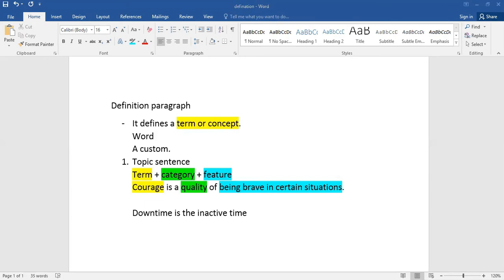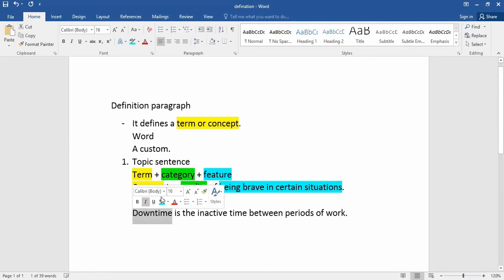Downtime is the inactive time between periods of work. Let's divide it into pieces. What is your term? Downtime. In which category is it? It is the category of time.